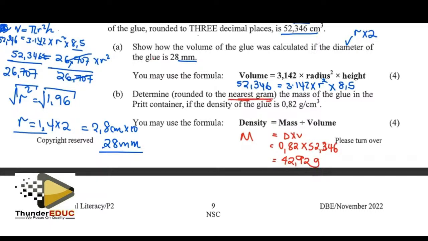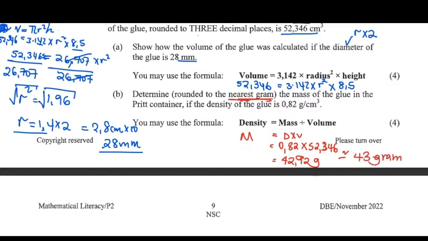Take note of this. So here it's 93 what? Grams. Why did I multiply? Because in actual sense, density equals mass over volume. You are interested in mass. What happens? M will remain and the D will multiply with the V.